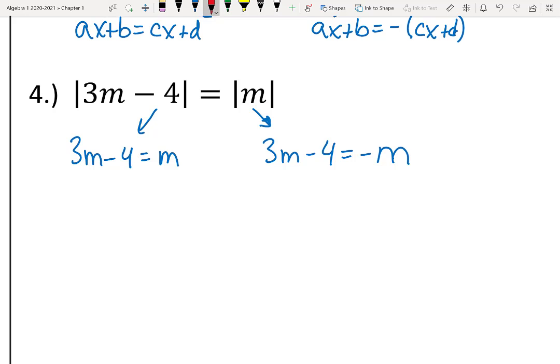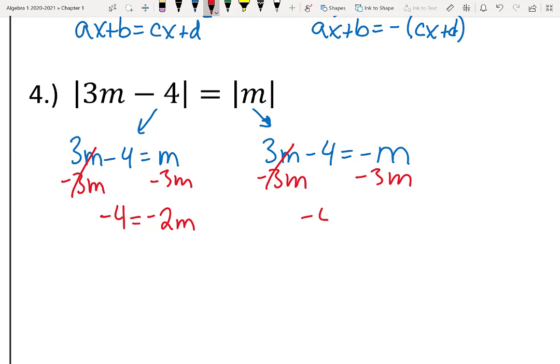I'm going to get my variables together. Here I'm going to subtract 3m from both sides. And that gives me negative 4 equals negative 2m. Here on the right-hand side, I subtract 3m from both sides, and I get negative 4 equals negative 4m.